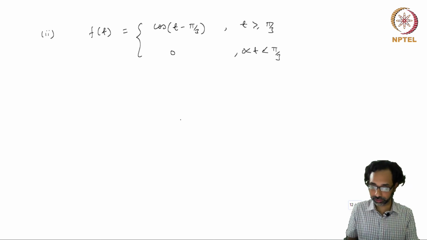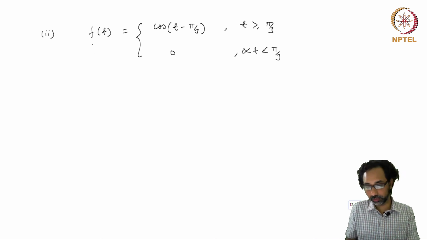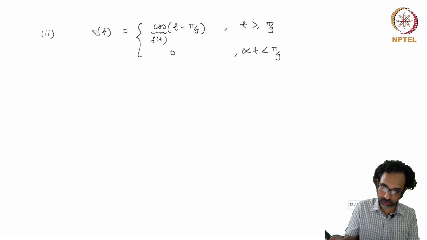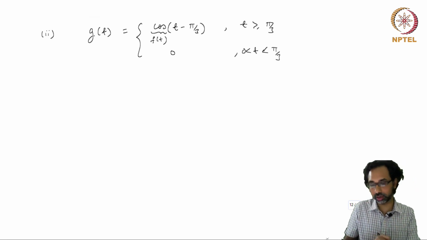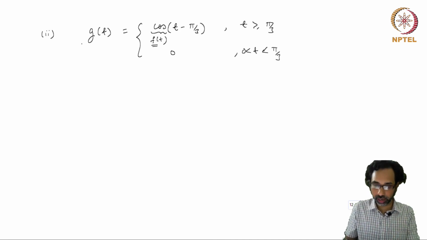So in this case, this is simply the way we define the shift g(t) from f(t). Let me write this as g(t) so that no confusion occurs. This new function is defined using the cos function, which is f(t), and we define this new function g(t) using the shifting in the domain.